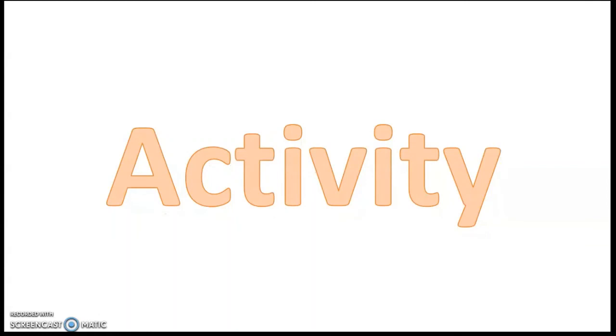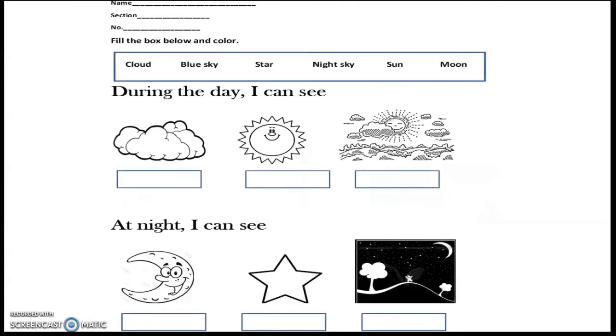Now, time for our activity. All right, are you ready? Okay. Now, write your name, section, and followed by the number. Fill the box below and color.